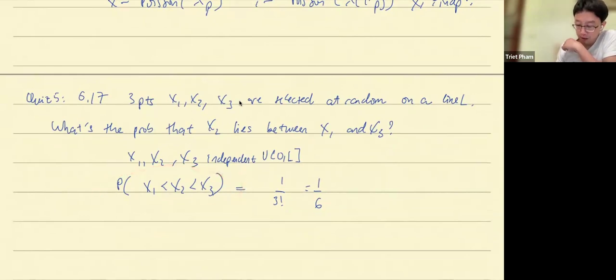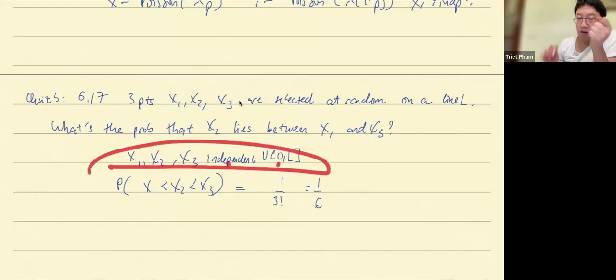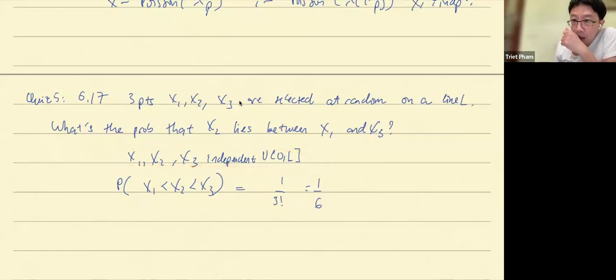The alternative here is exactly the same as what I said at the beginning of the class with the other problem, where P of x less than y is equal to P of y less than x, because they're exchangeable, symmetric. Here's the same thing. Because they're independent and identically distributed, the role of one variable with the other in terms of interaction is the same.